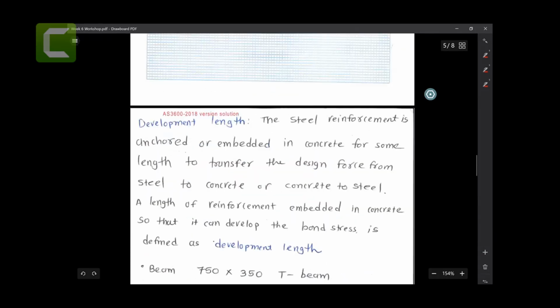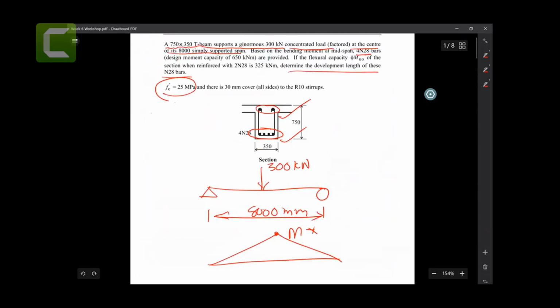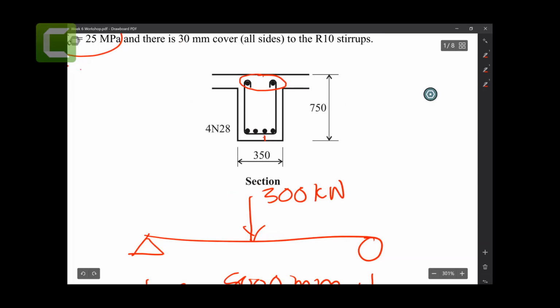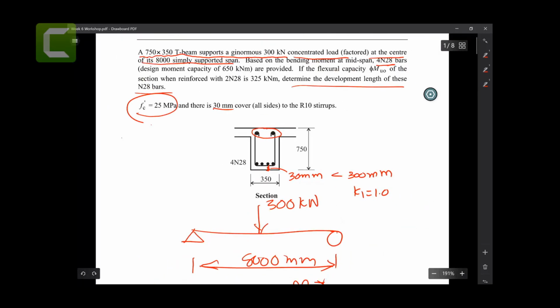I hope you understand where that comes from. Let me magnify it. This is 30 millimeters, so this is less than 300 millimeters, therefore k1 equals 1. Easy.